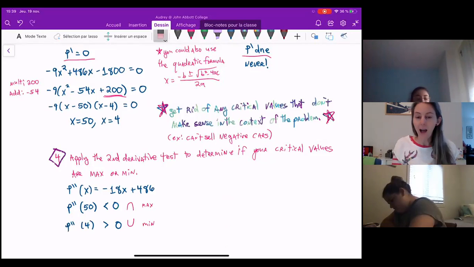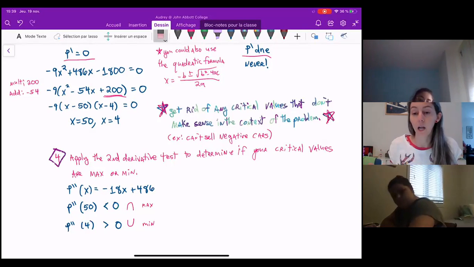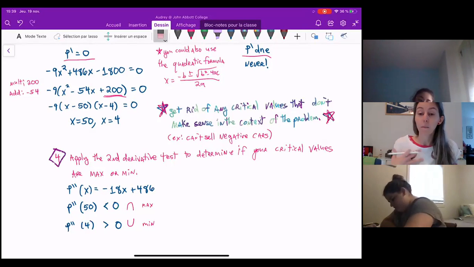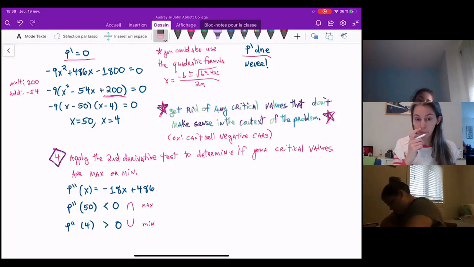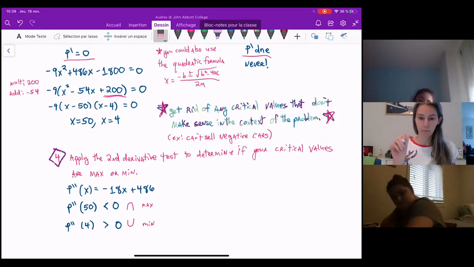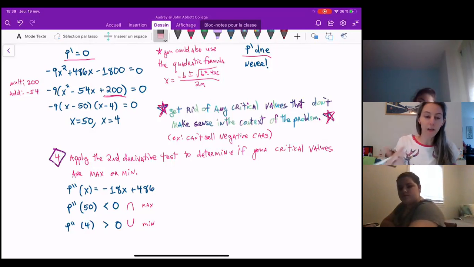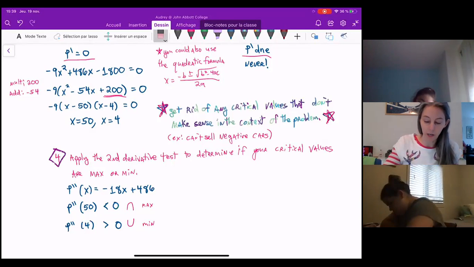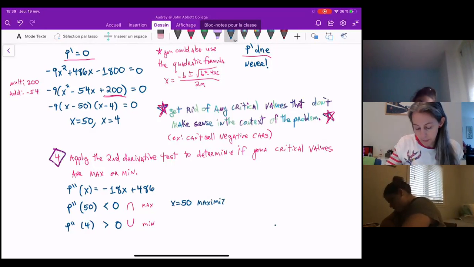So in that way, I've eliminated the possibility that 4 is my maximum profit. My maximum profit is going to come from 50. So here we can say x equals 50 maximizes profit.